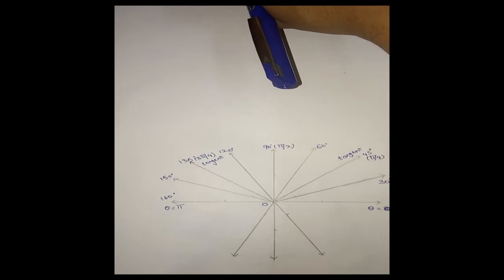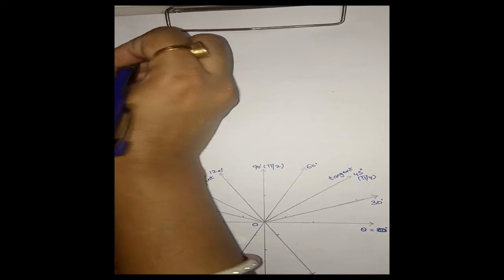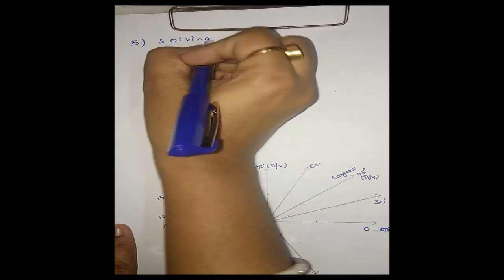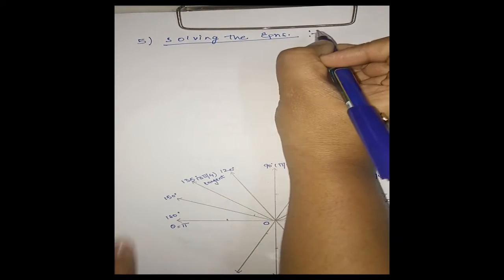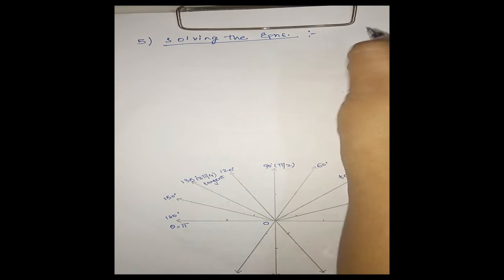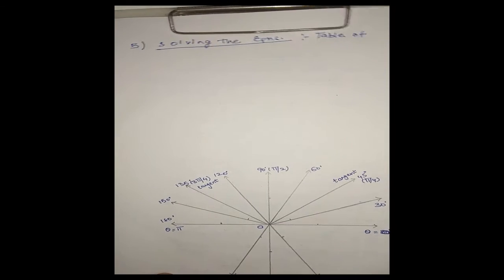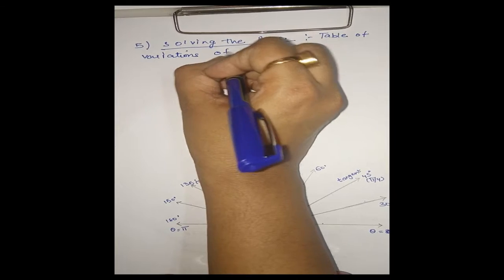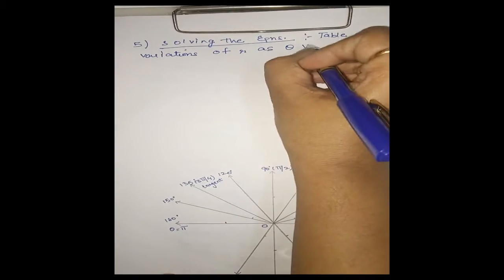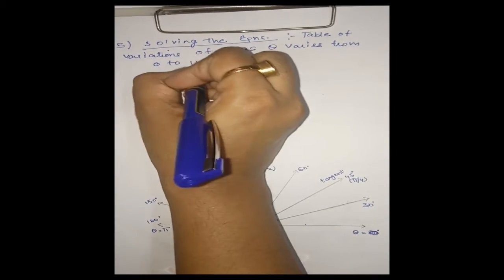Next point is solving the equations. Now, the table of variations of r as theta varies from 0 to pi.